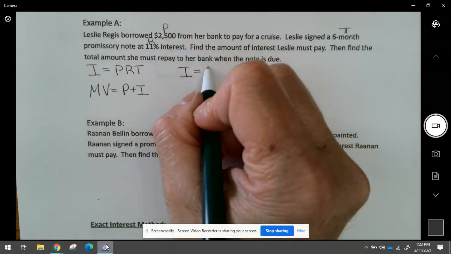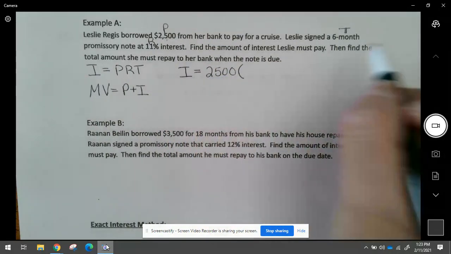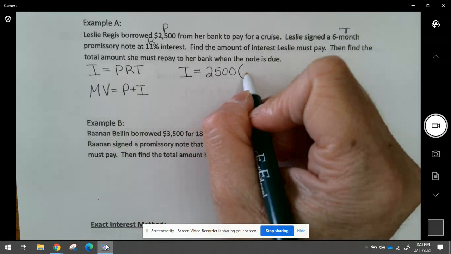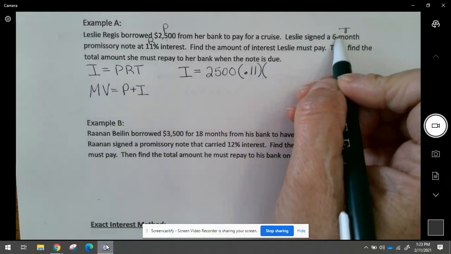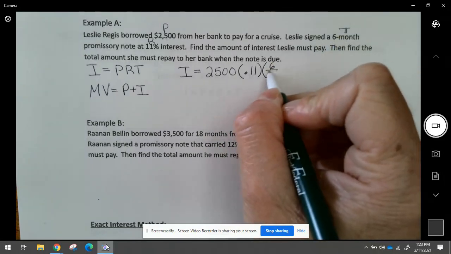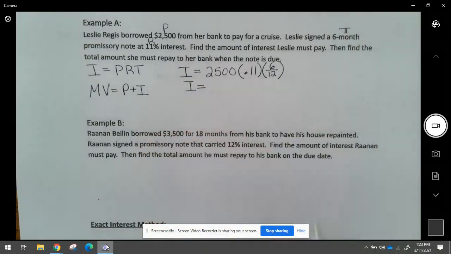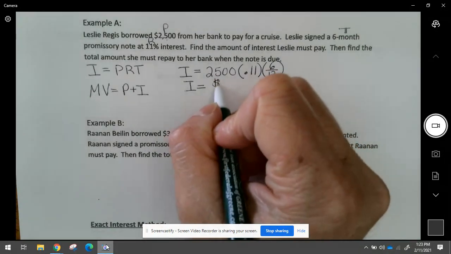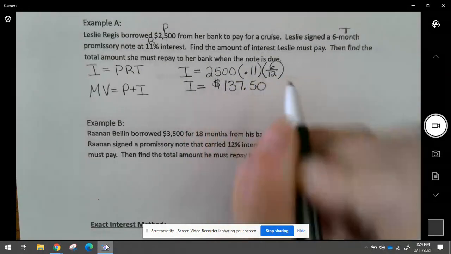So let's write this as 2,500 parenthesis our rate as a decimal, 0.11, and our time as a fraction. 6 out of how many months in a year? 6 out of 12. We can do this calculation in our calculator, and when we do that, we get $137.50.